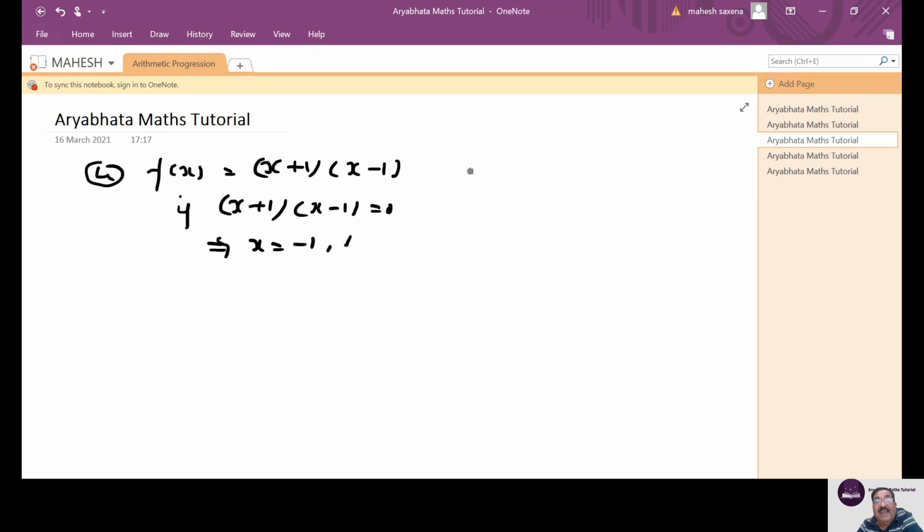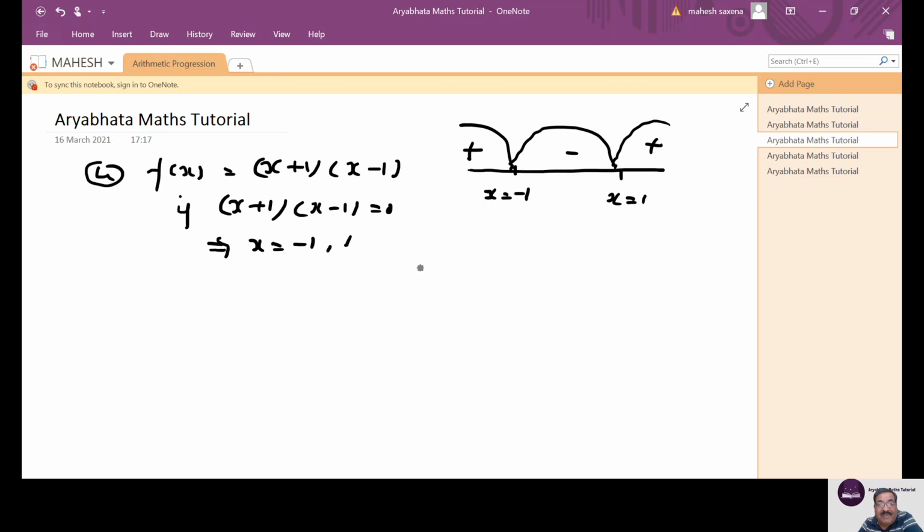Now again on the real line, we will take this point as x equal to minus 1, this point x equal to 1. Now we will again make a loop like this. And again from the right hand side, positive, negative, positive.